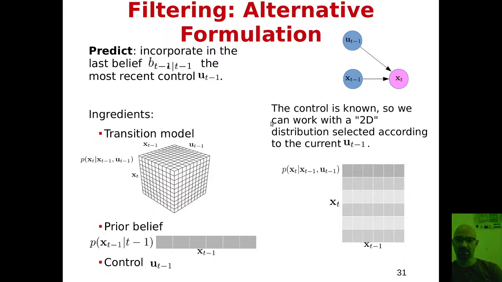Well, it comes in quite straightforwardly that the action you have to take is basically use the chain rule, because you construct a joint distribution over the previous controls and the previous belief that you have, and you apply the chain rule between the transition model and this joint distribution.